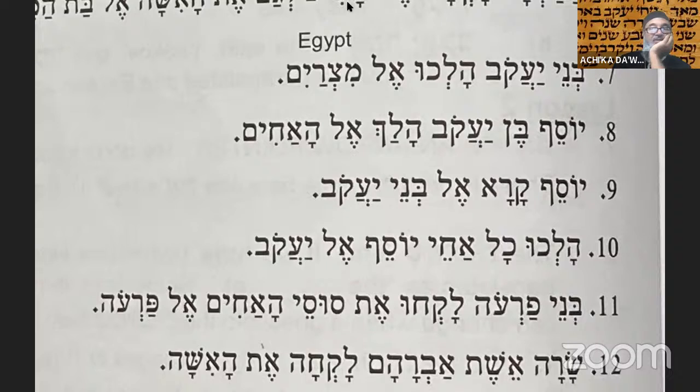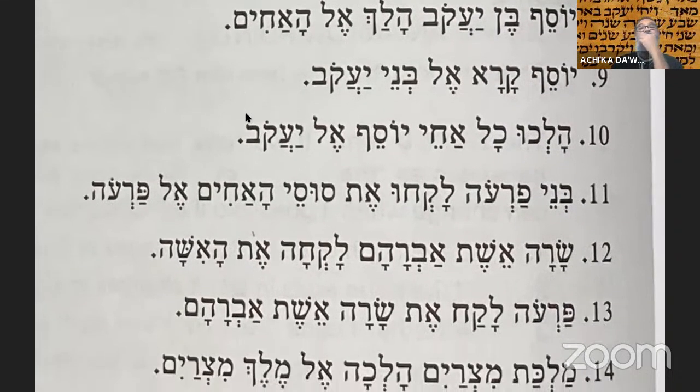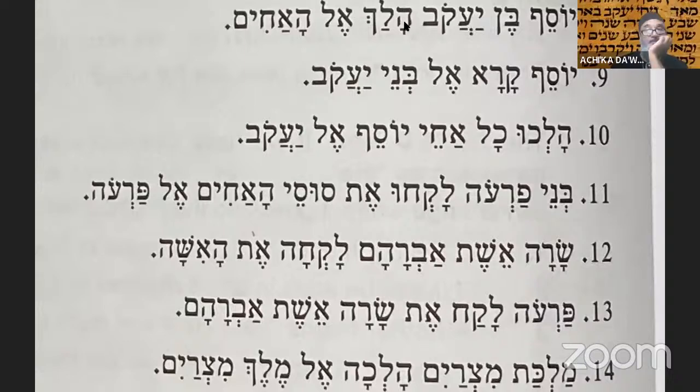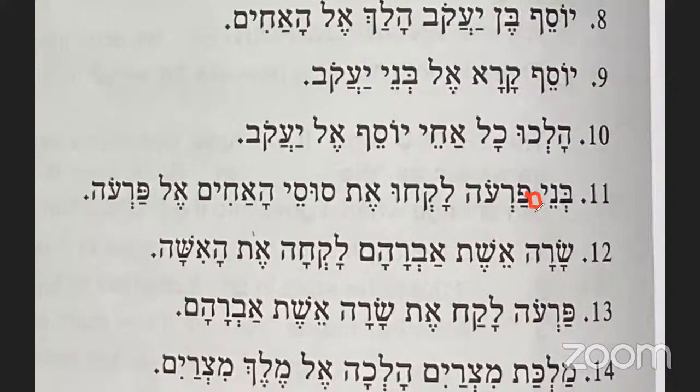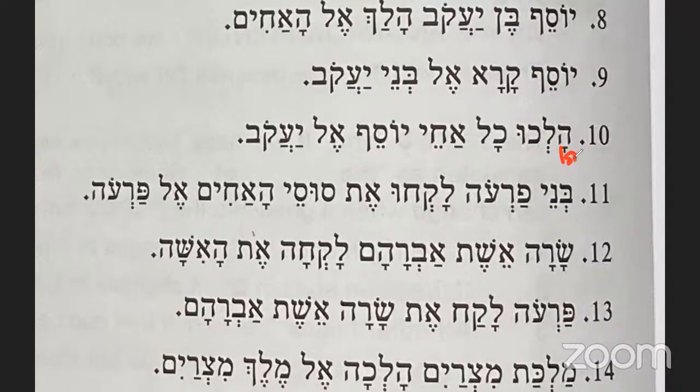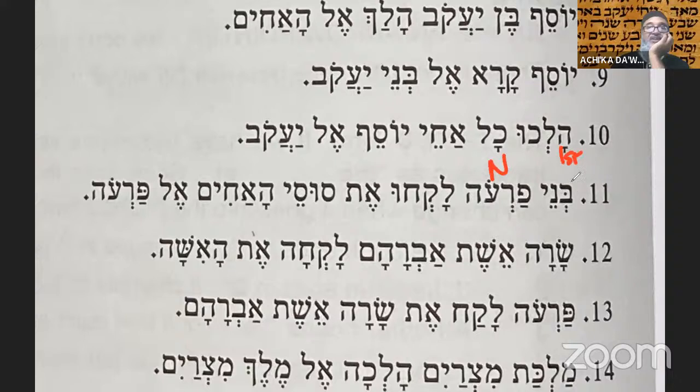Number 11. Is that in a semi-coup form, the first word? Yes, it is. What did it used to be? Banim. Why is it changed to the two dots and a yod? Because of the noun next to it. Because it's the first one in a semi-coup form and there's another noun next to it.